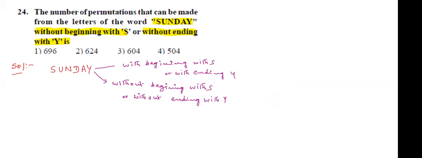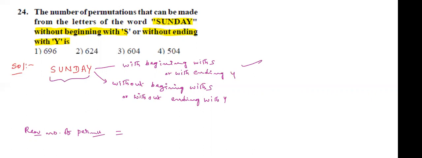So what I am doing means the required number of permutations is equal to the total arrangement minus beginning with S and ending with Y. In total permutation, this is Sunday.